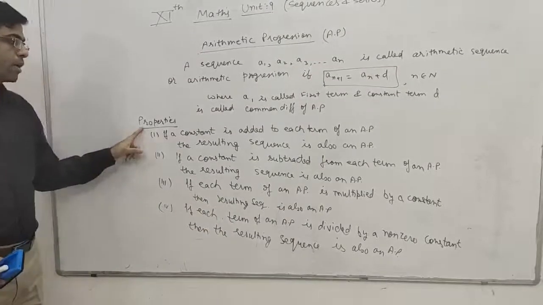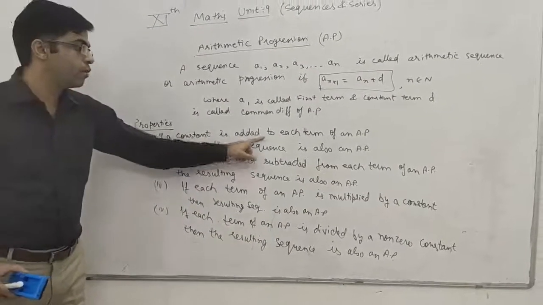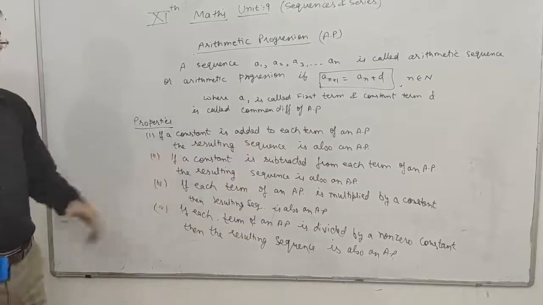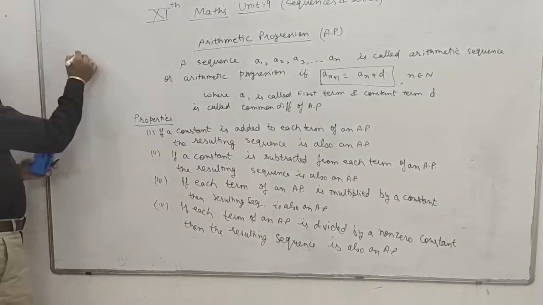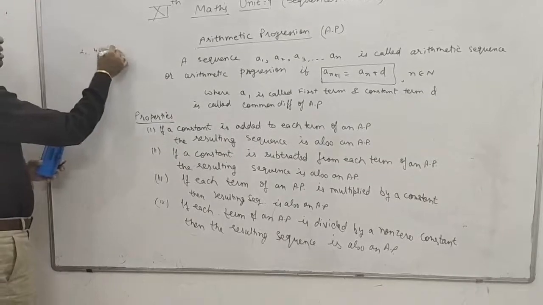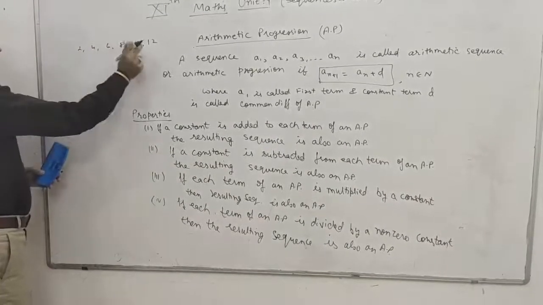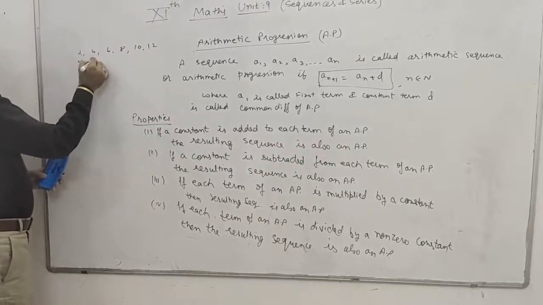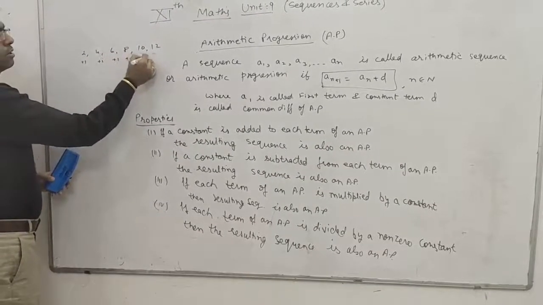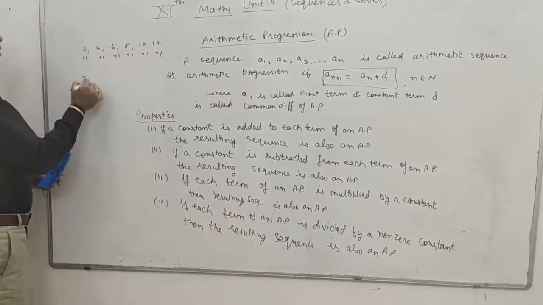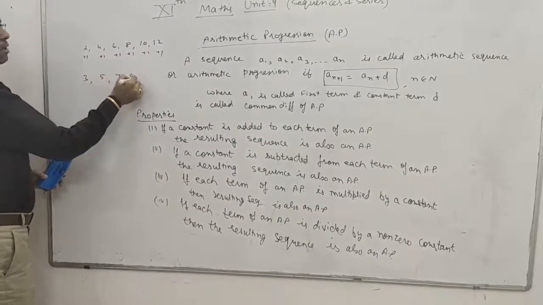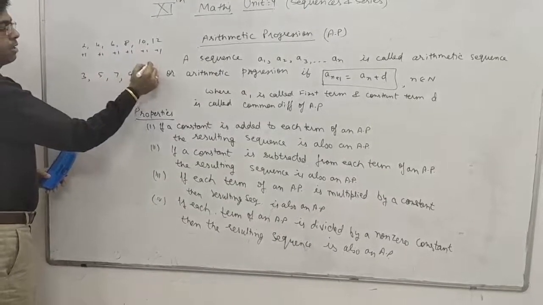Now come the properties. If a constant is added to each term of an AP, the resulting sequence is also an AP. Like 2, 4, 6, 8, 10, 12. This is an AP whose difference is 2. If we add 1 to each term, this will be 3, 5, 7, 9, 11 and 13.